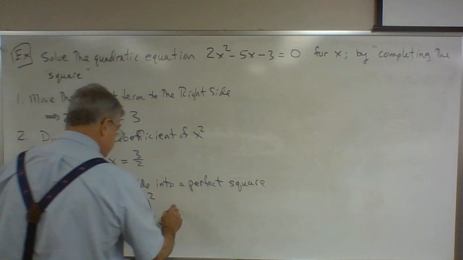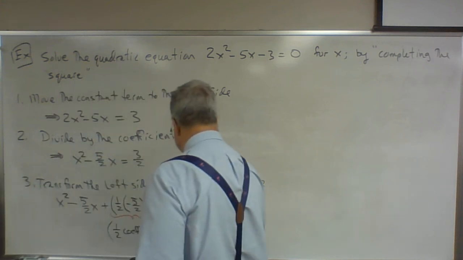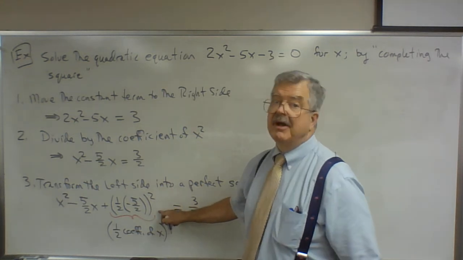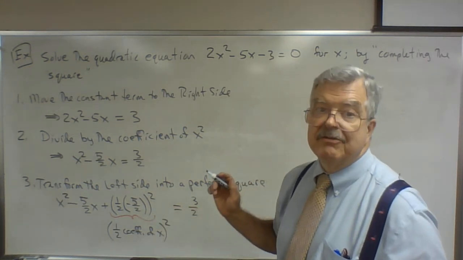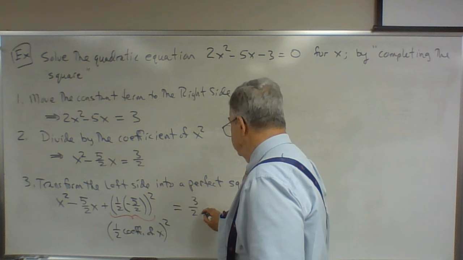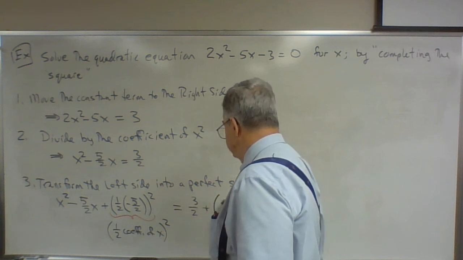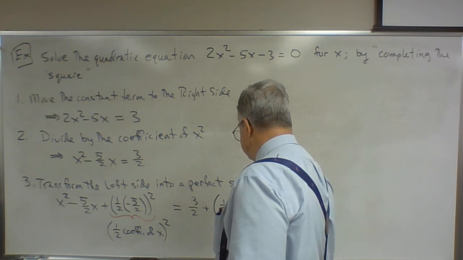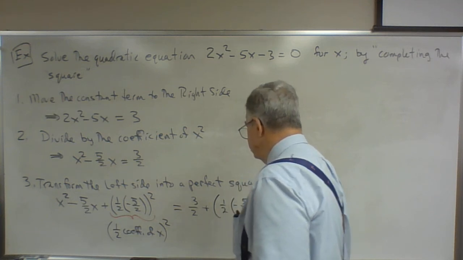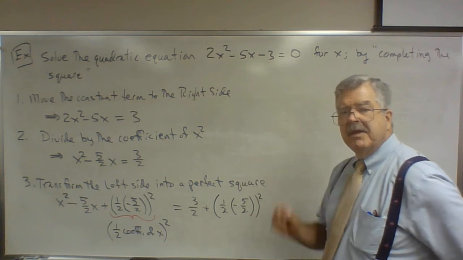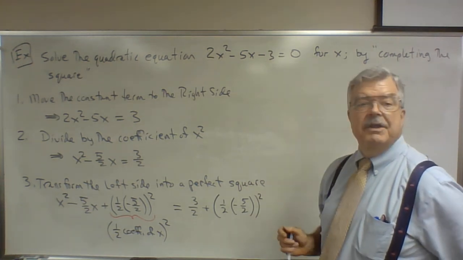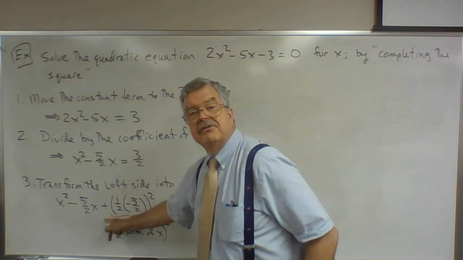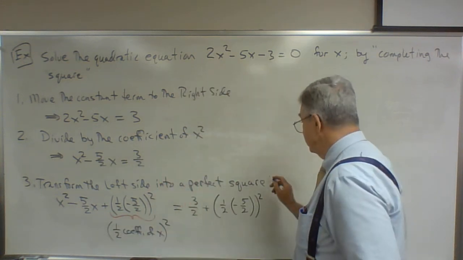Well, if we do that to the left side, we're going to have to do it to the right side also. And by the way, from work we did about 10 minutes ago, we know that the left-hand side is now a perfect square.